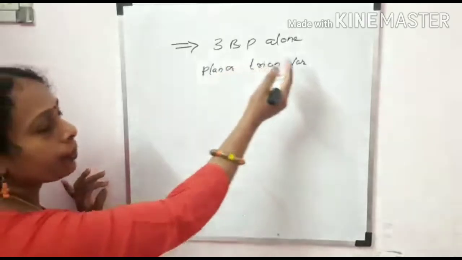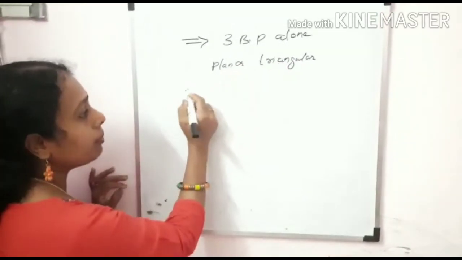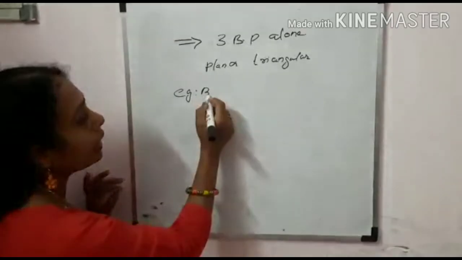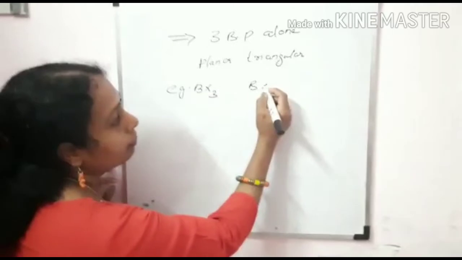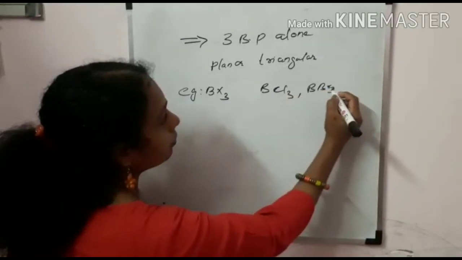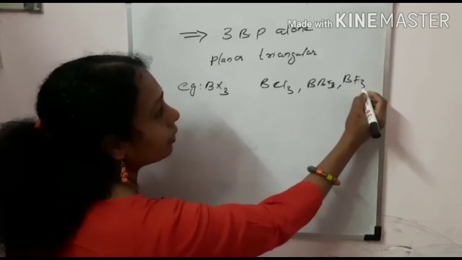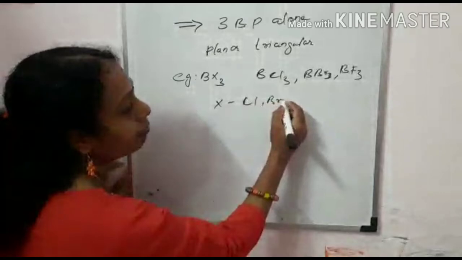Next is 3 bond pairs alone. The molecular shape will be planar triangular. For example, boron trihalides: BCl3, BBr3, BI3, etc., for X chlorine, bromine, iodine.